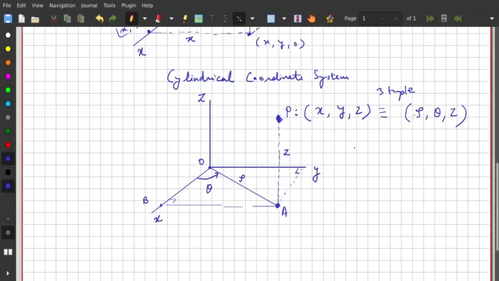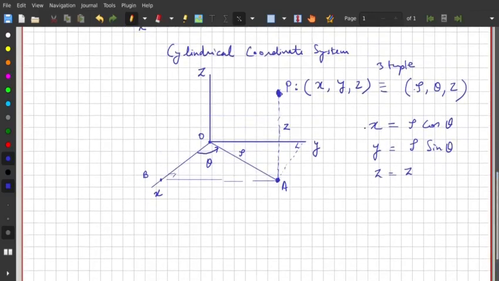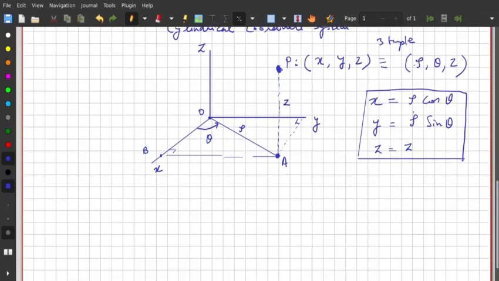If you see properly, the x coordinate is rho cosine theta, the y coordinate is rho sine theta, and the z coordinate stays as it is, because in that direction it's the same as the Cartesian. That is the transformation from cylindrical to Cartesian coordinates. Given rho, theta, and z, we know what x, y, z are.